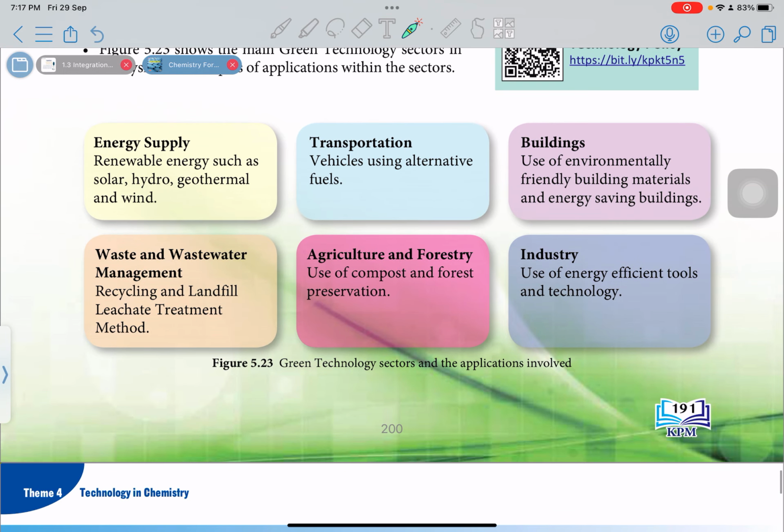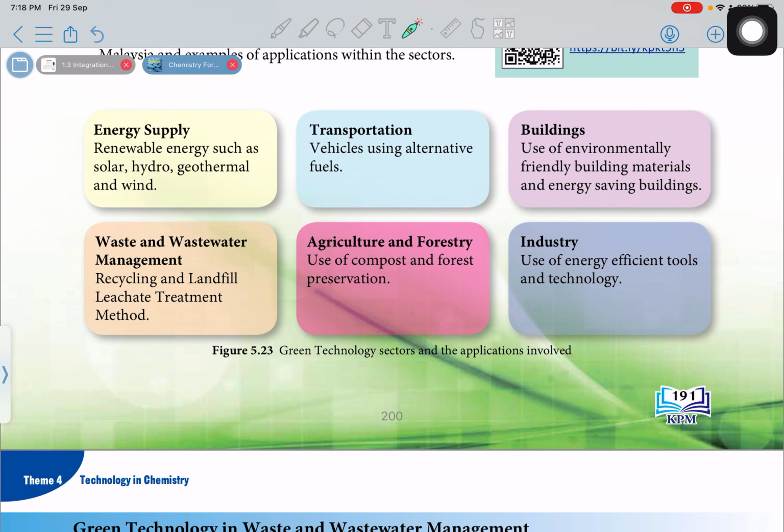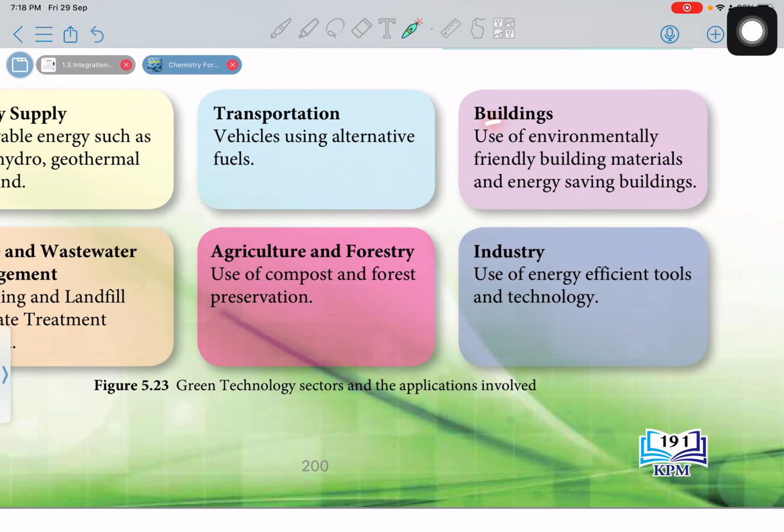So these are the green technology sectors and the applications involved. Energy supply: renewable energy such as solar, hydro, geothermal and wind. Transportation: vehicles using alternative fuel, for example electric vehicle, EV, Tesla. Then buildings: use of environmentally friendly building materials and energy saving buildings.